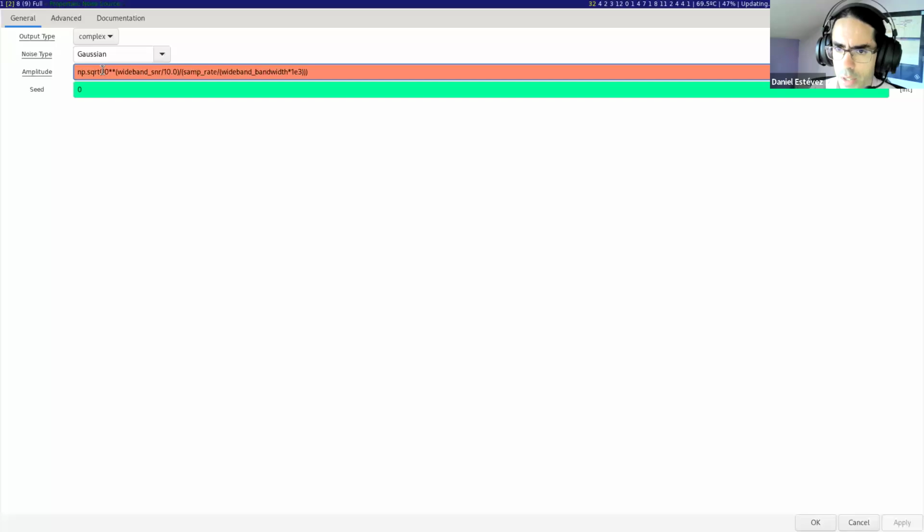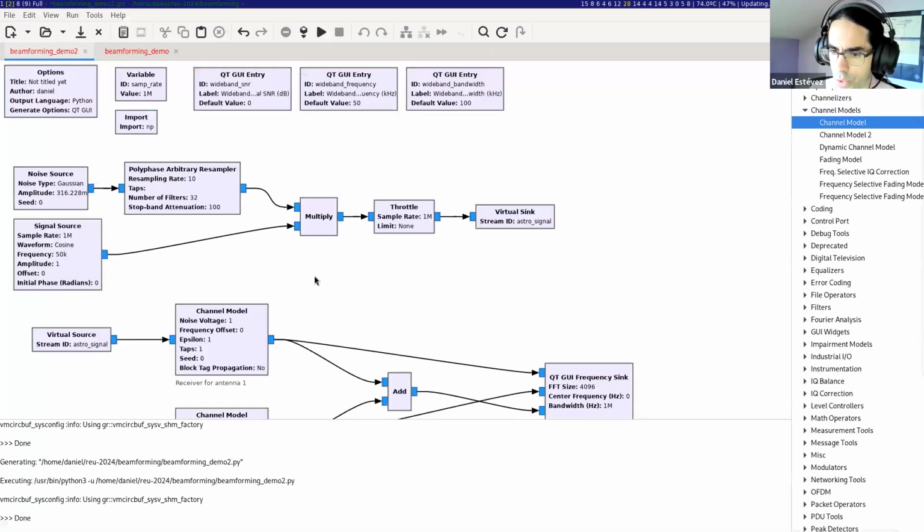This is basically converting the SNR from decibels to linear units of power, and then we need to divide by the sample rate, which is the whole bandwidth of the noise in this case, and the sample rate needs to be divided by the wideband bandwidth, which is in kilohertz, so we have this conversion. This is nothing new. We have done things like this in the past.